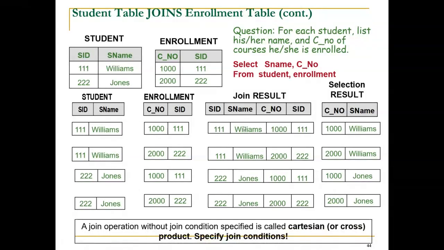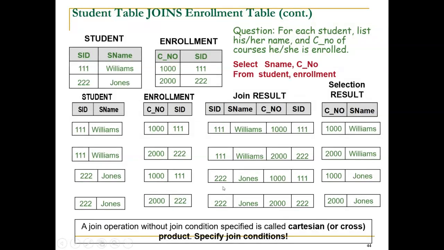If you miss the join condition, then you end up producing a Cartesian product. A Cartesian product will combine every record from one table with every record from the other table, one at a time.